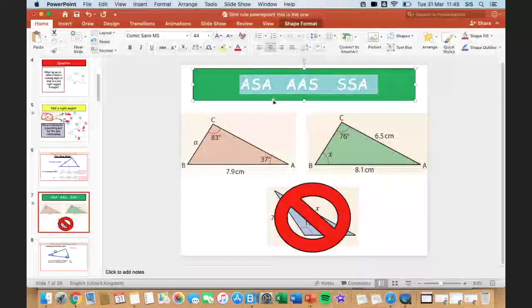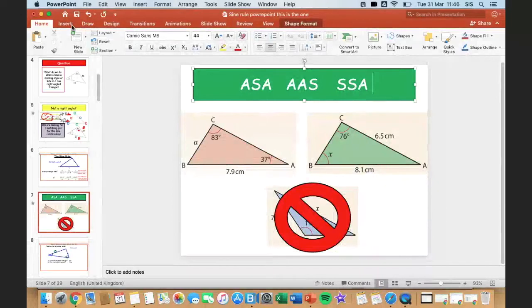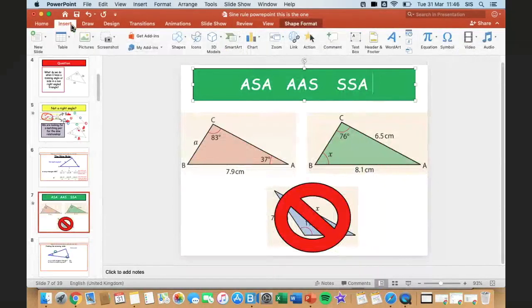It means you have got an angle, then a side, then an angle, then an angle, then a side, or a side, then angle. So we're going to say, for example, which out of these 2 triangles is an SSA?